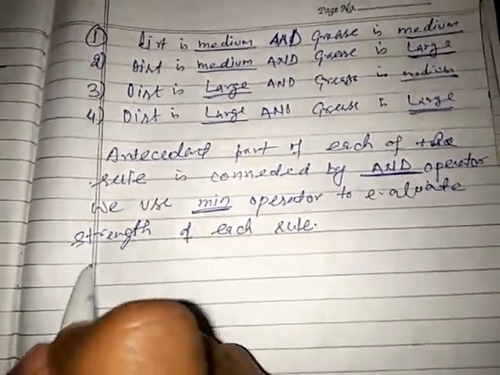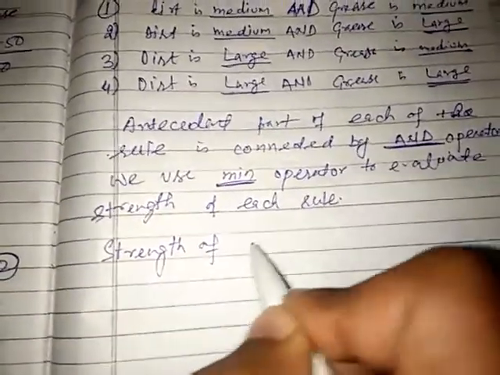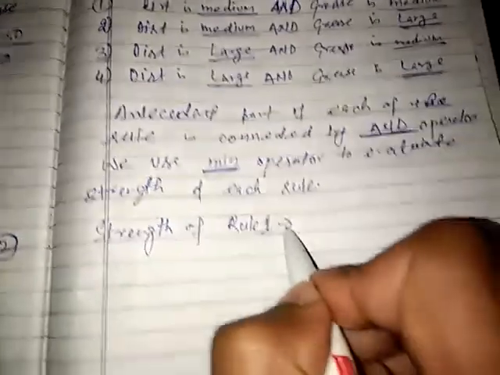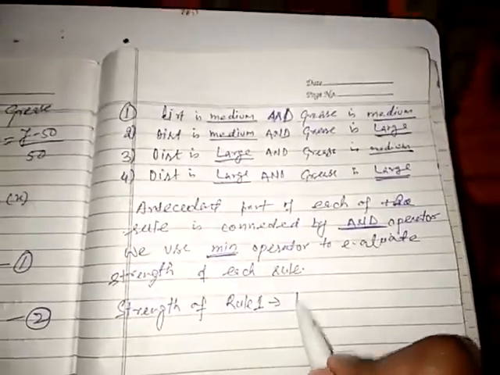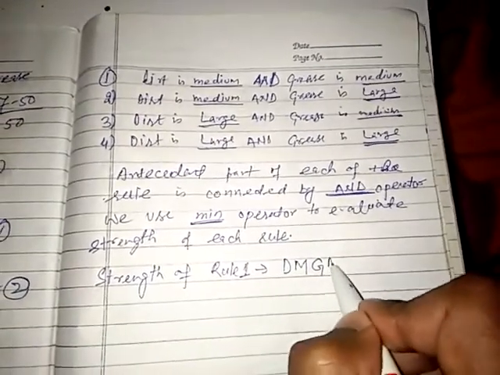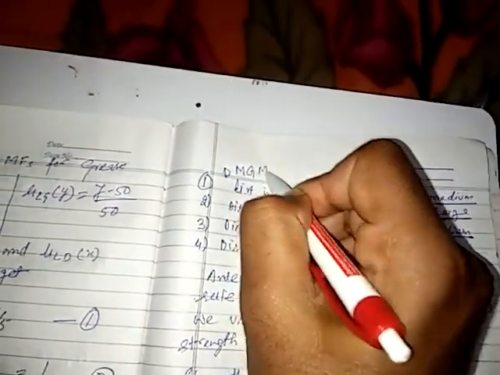So here we find the strength of rule 1, that is, dirt is medium and grease is medium.